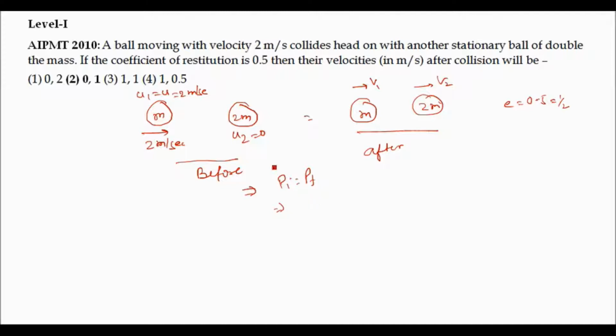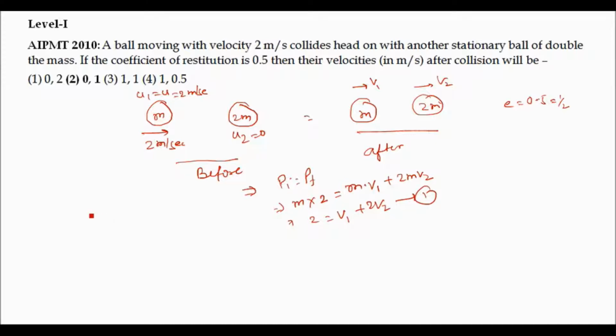Initial momentum is the momentum due to these two bodies before collision, which is m into 2, and the final momentum is m into v1 plus 2m into v2. So from there we get 2 is equal to v1 plus 2v2. So this is our equation 1.